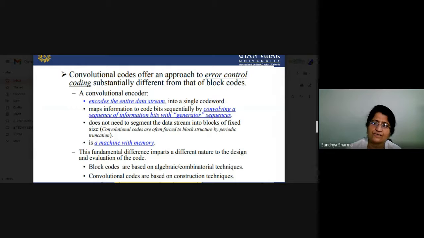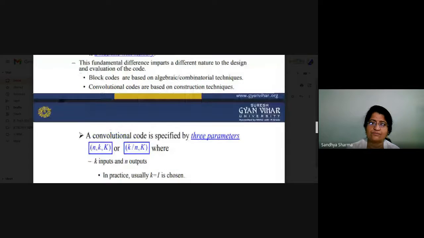The convolution encoder is a machine with memory, so a memory element is added. The fundamental difference is that block codes are based on algebraic or combinatorial techniques, while convolution codes are based on a construction technique. That is the basic difference between these two types of code.